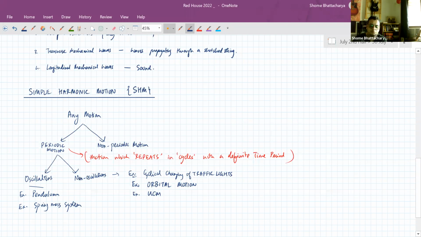But how come some of them are classified as oscillations, whereas some of them we cannot classify as oscillations? Is it anything to do with whether the motion is one dimensional or two dimensional, or is it something more technical than that?